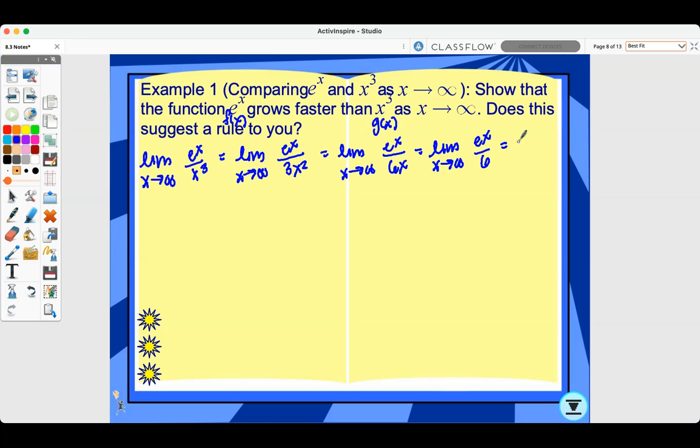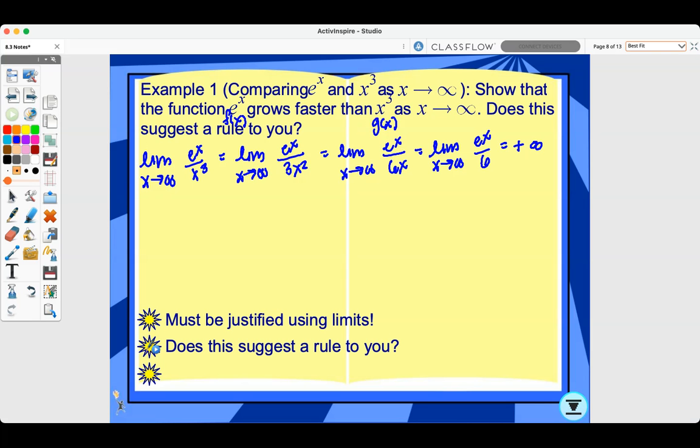That would give me positive infinity because it would be infinity over a constant. So since I got infinity, I just showed that f of x, e to the x, grows faster than x cubed. We must justify using limits, and I just did using the rule.